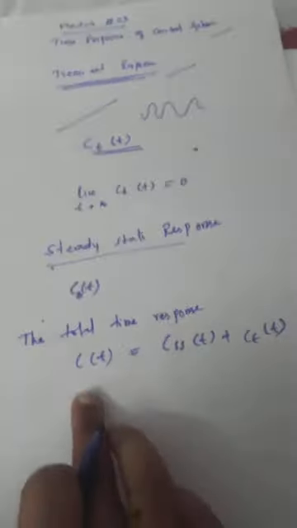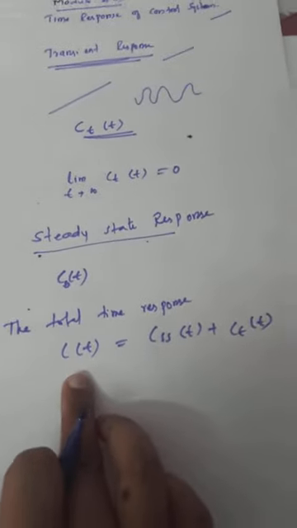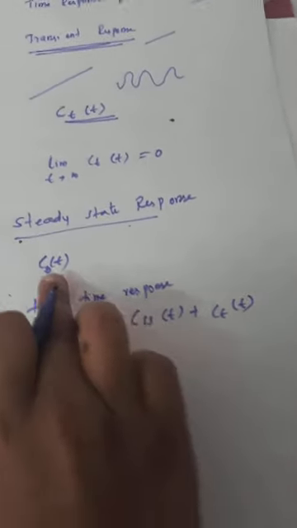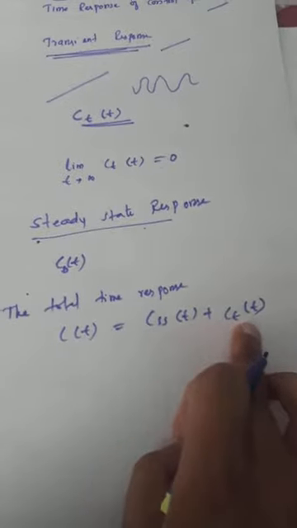That means mathematically the total time response c(t) is the sum of the steady state response plus the transient response.